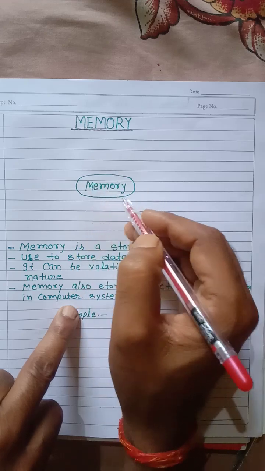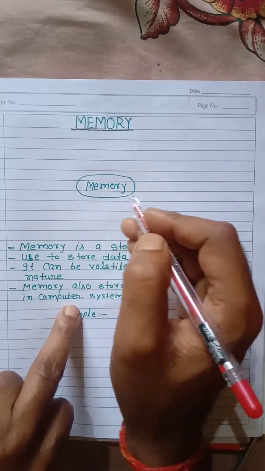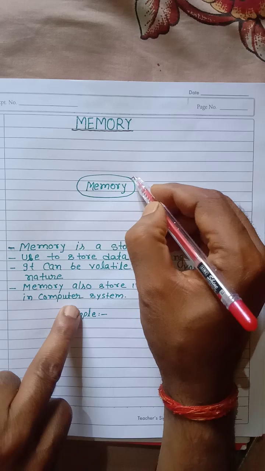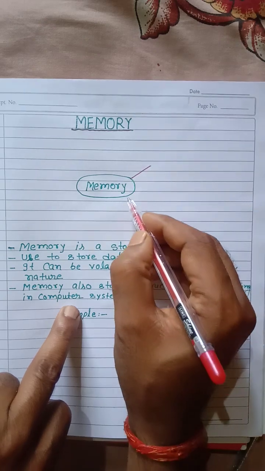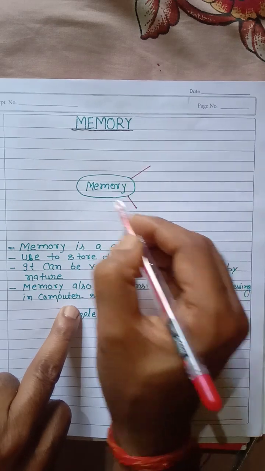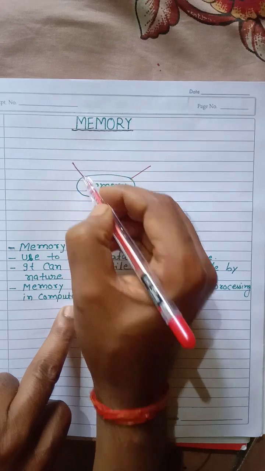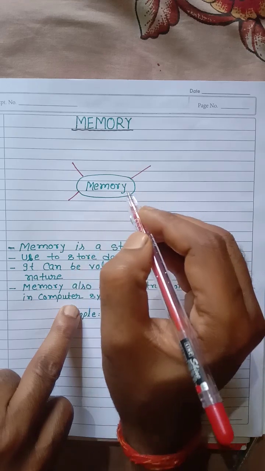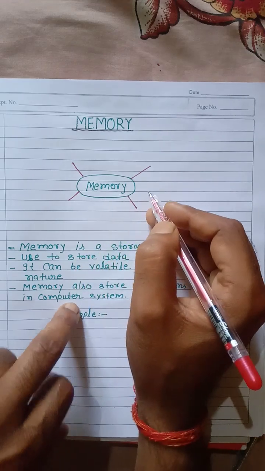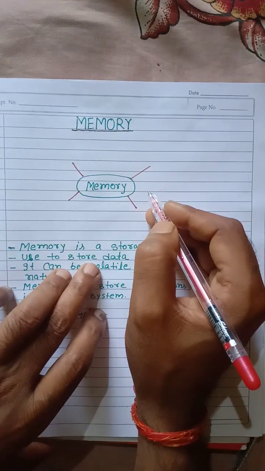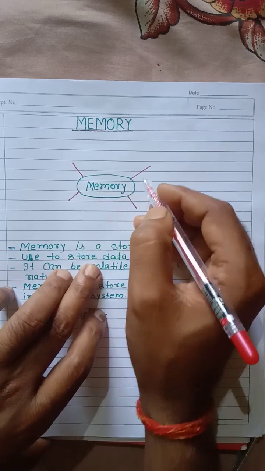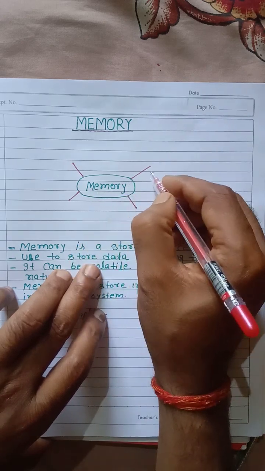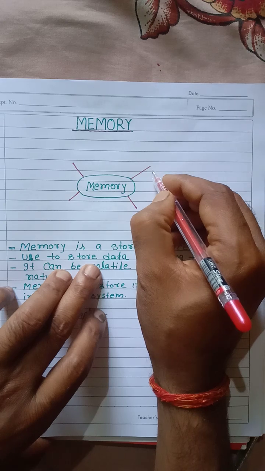So we will make some points related to memory. We make at least 4 points. Please think about what some points related to memory could be. What do you know? I think memory should store data.